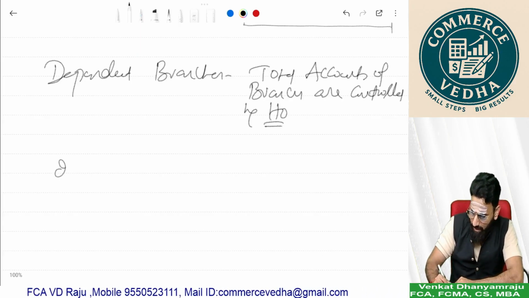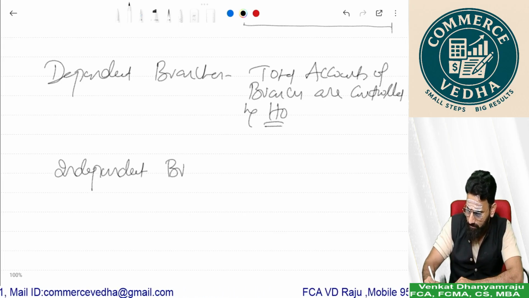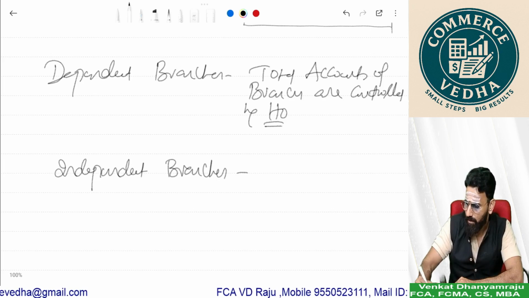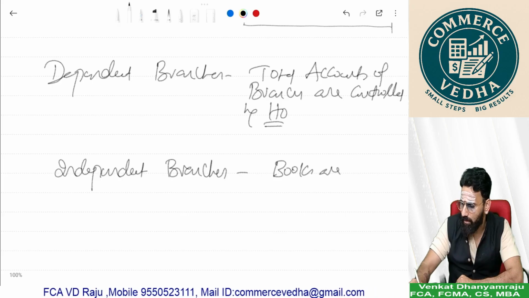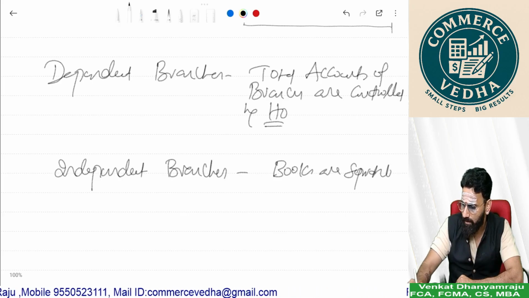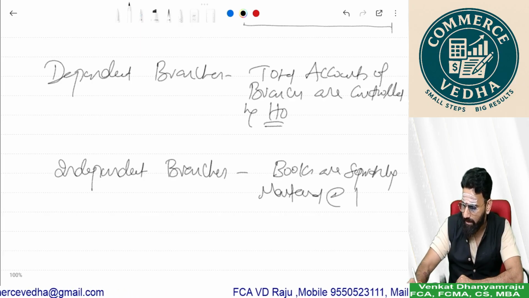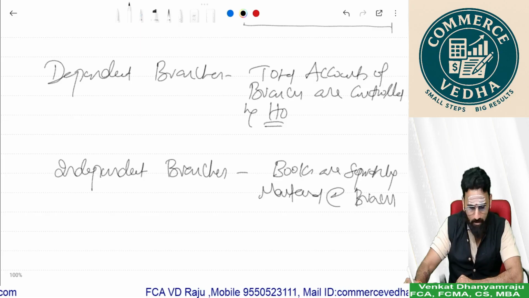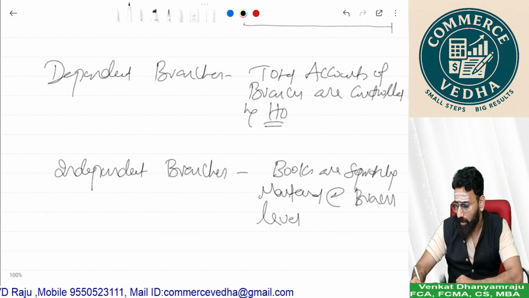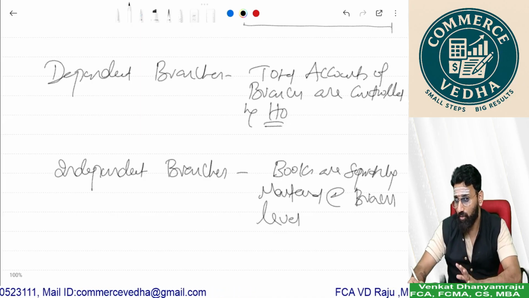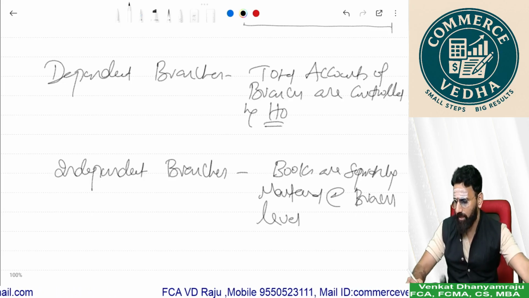Whereas in independent branches, the books are separately maintained at branch level, so the control is not with HO on the books, but HO will consolidate at the end of the year.